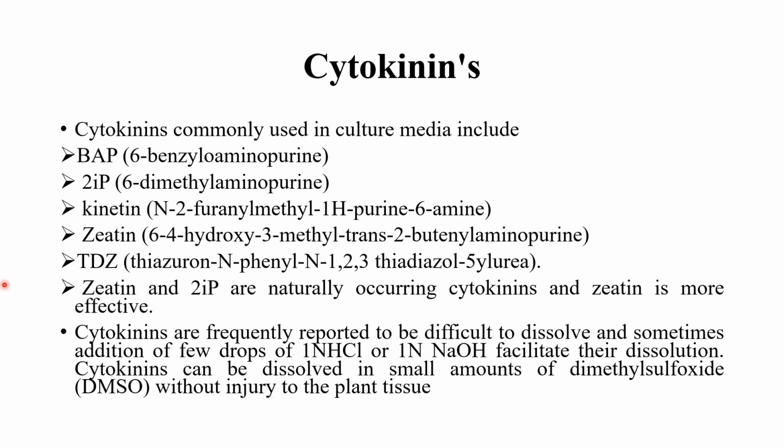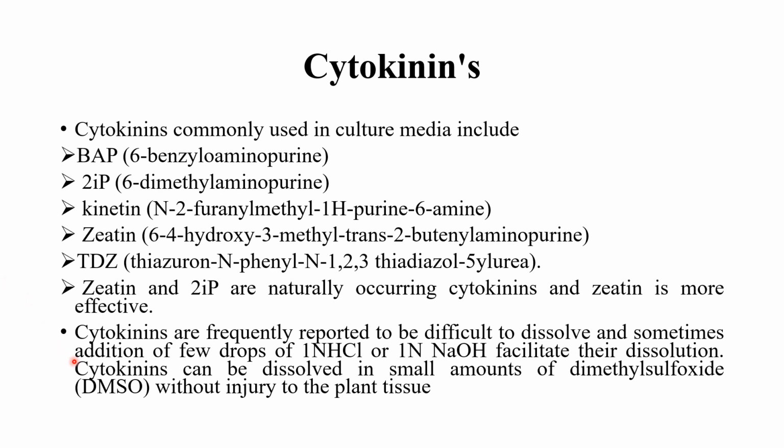DMSO has an additional advantage because it acts as a sterilizing agent. Thus, a solution containing DMSO can also be directly used in the culture medium containing cytokinins. So that's why we dissolve our cytokinins in DMSO.